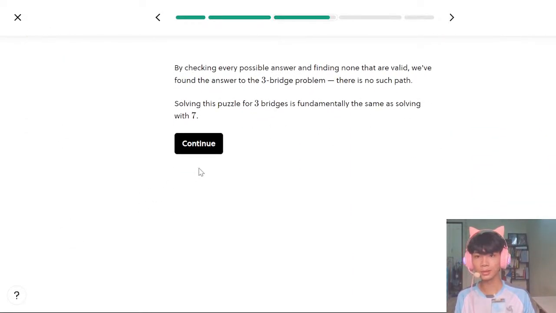It's super easy. By checking every possible answer and finding none that are valid, we find the answer to the 3-bridge problem. There is no such path. Solving this puzzle for 3 bridges is fundamentally the same as solving it with 7.